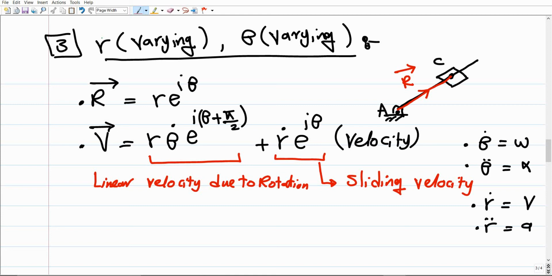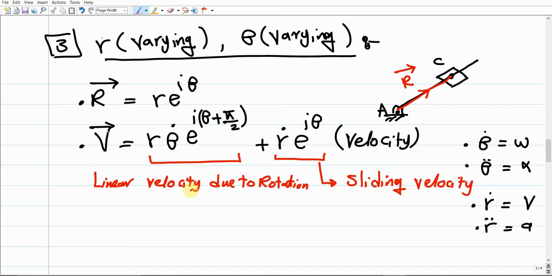One component, which is this one, describes the velocity of point C assuming that point C just belongs to the link. This component of the velocity describes the velocity of point C assuming that it just belongs to the slider. But physically, point C belongs to both.